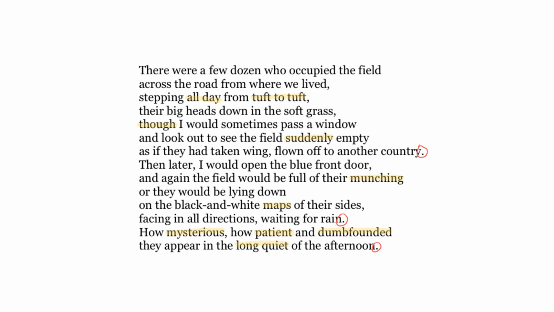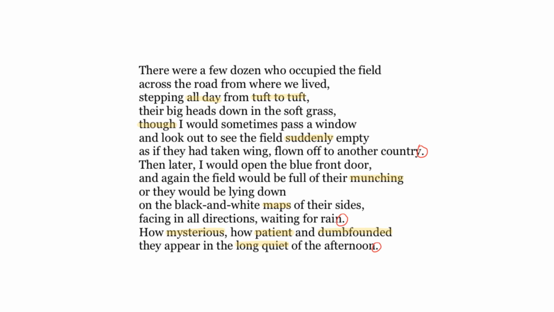You could argue that one of the main ideas of the first section is the idea of boundaries between the cow and the speaker. So the road is one boundary, and then across the road you get the wall before the field, so that's another boundary. We've also got a window that the speaker looks out of. So roads, walls, windows as well.